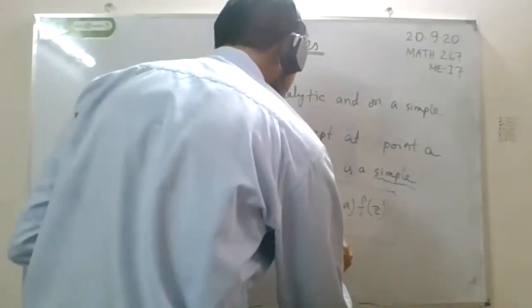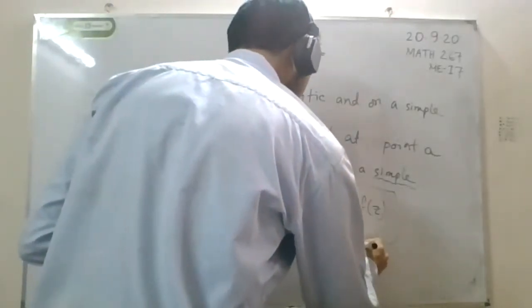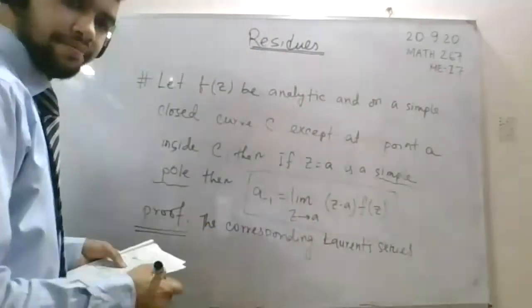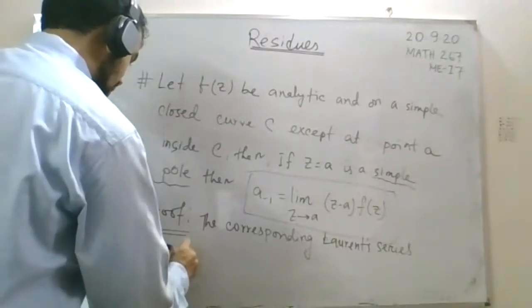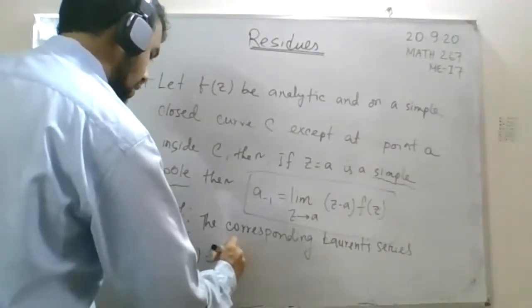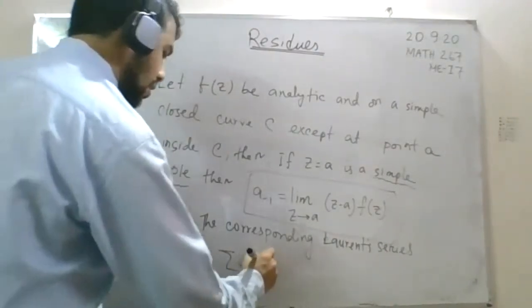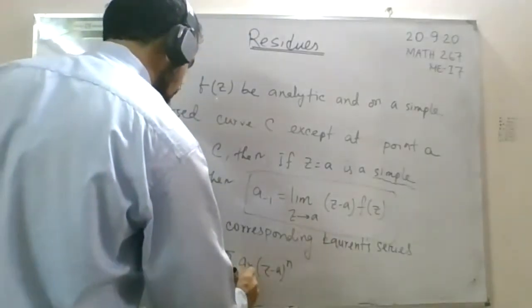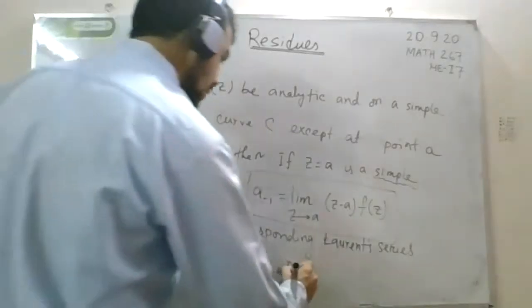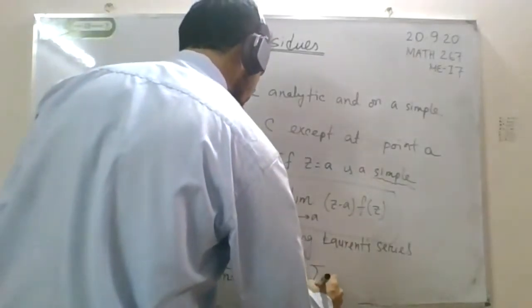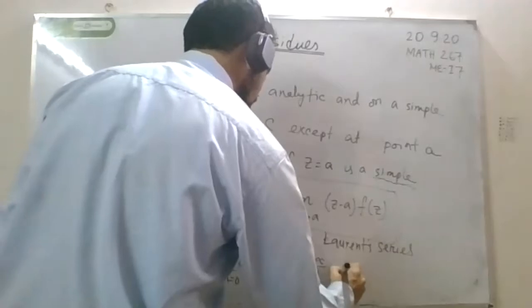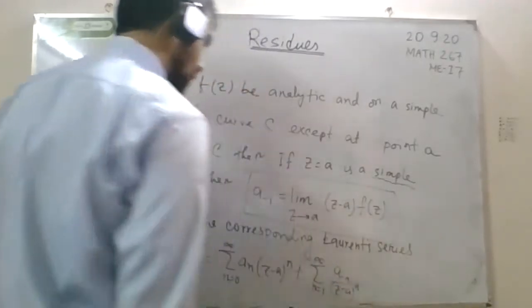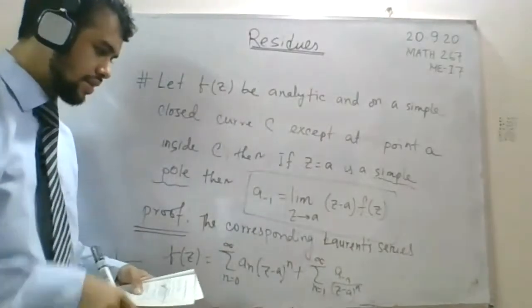Here, you know, f(z) is equal to summation a n (z minus a) to the power n, where n equals 0 to infinity. And also here n equals 1 to infinity, also a minus n divided by (z minus a) to the power n. Okay, so this is our Laurent expansion.